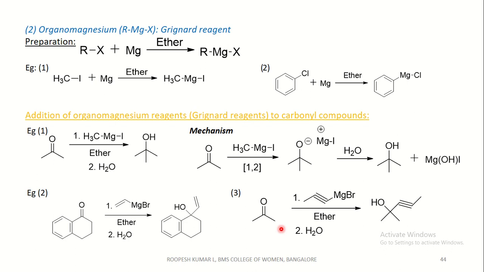Whereas in the third one, this carbon possesses a negative charge and attacks the carbonyl carbon with the formation of a negative charge on oxygen, which takes a proton in the next step, quenching with water, to give the corresponding compound.